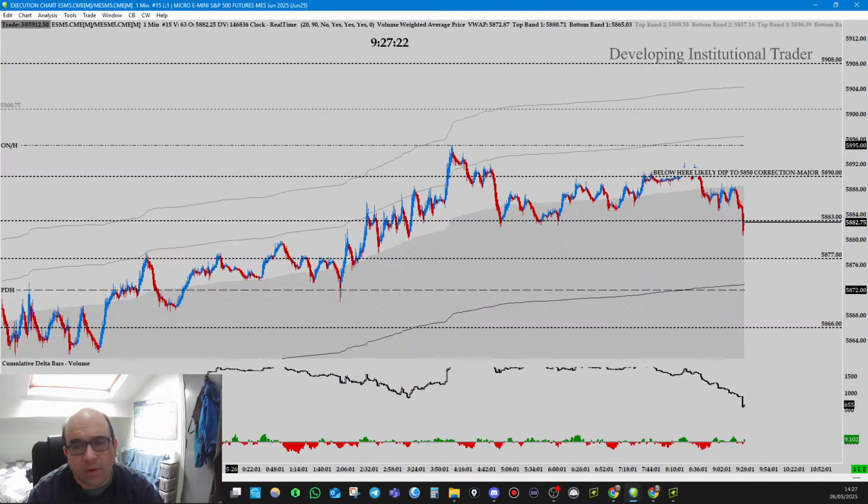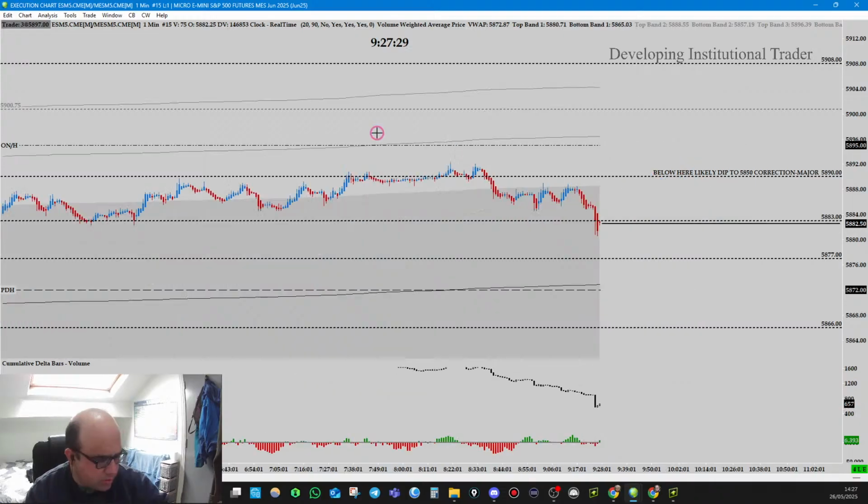So we see some reclaim there. Let me see. Okay, I'm going to see if there's going to be any reclaim. That's one trade I can take towards the DVA high.